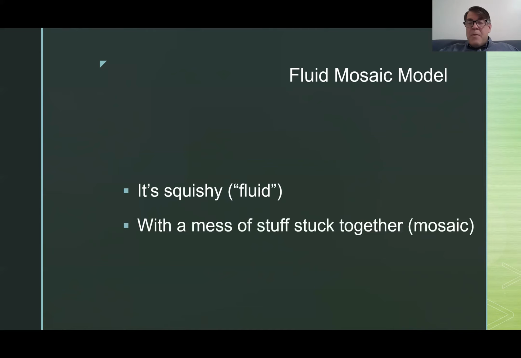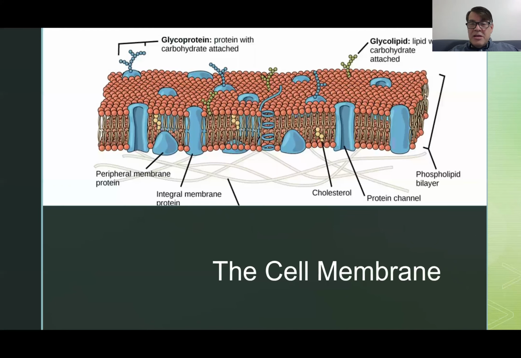But it's got a mess of stuff stuck together, and that's kind of a mosaic, like the mosaics I think of, little tiles of different colors and shapes and so forth. Well, another way that I might, as a complete non-specialist, refer to the fluid mosaic model is as the basically lasagna model.